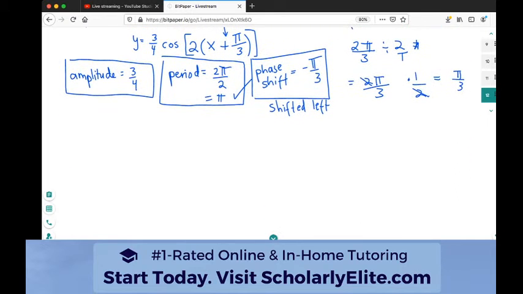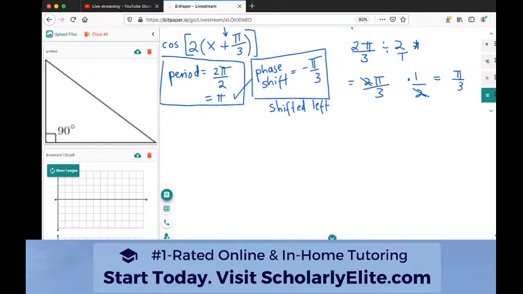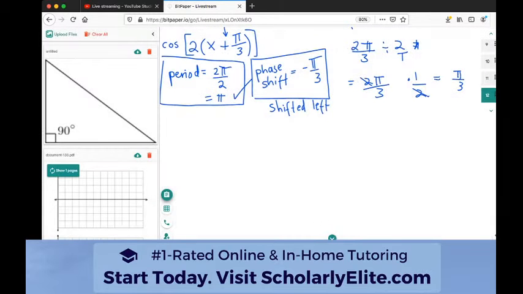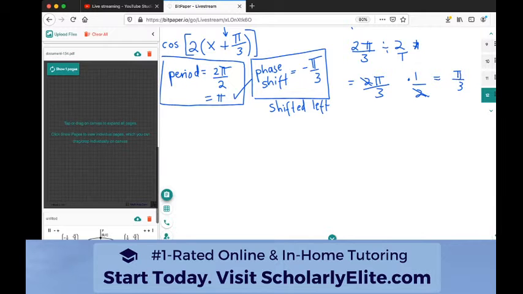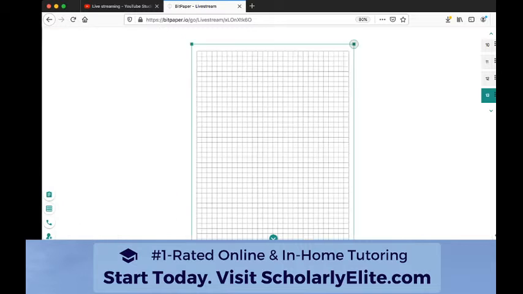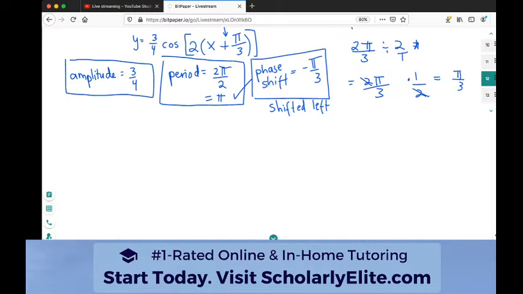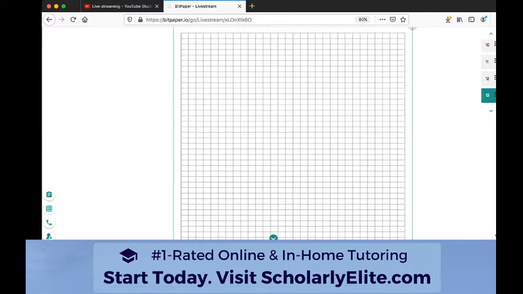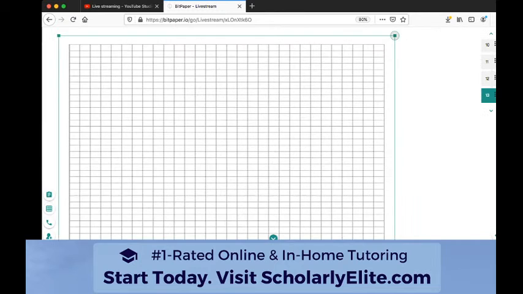So let's bring a little graph paper onto here. Let's see what kind of graph paper we got. No, not a fan of this one. Okay, we're going to have to do it on this other page. No problem, it's doable. It's just annoying, but we got it.